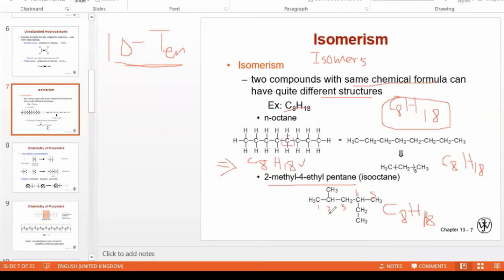Right. After numbering this, in the second carbon atom, one CH3 is there, right? CH4, I told you the name is methane. So if it is a CH3 bond, we will write this.